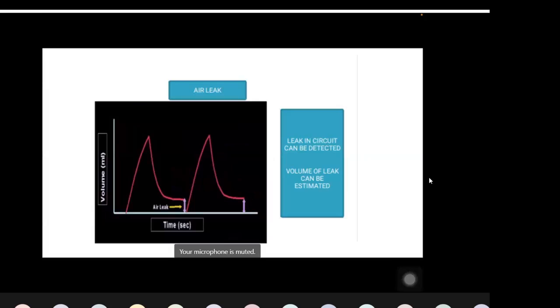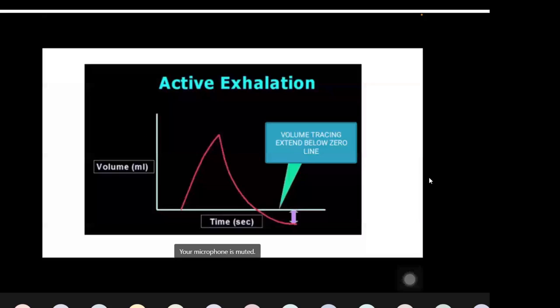Air leak is noted when the expiratory limb fails to touch the baseline. We can also estimate the volume of air leak from plotting it to this point. Similarly, if the limb extends below the baseline, it can be due to active exhalation from the side of the patient.